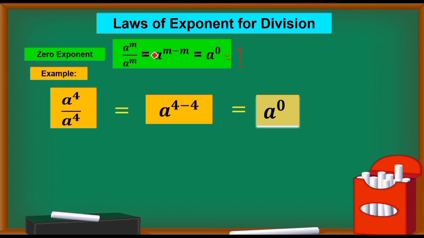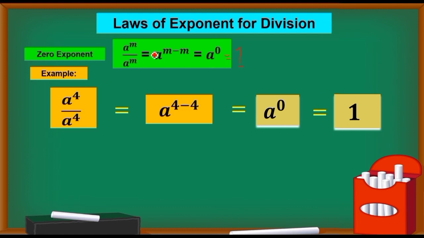Kahit anong number, kahit anong variable, basta hindi 0, ay naka-raise kay 0, that would be always equals to 1. Okay? So, tandaan, kahit anong number at variable, basta naka-raise kay 0, automatically, that is equal to 1.